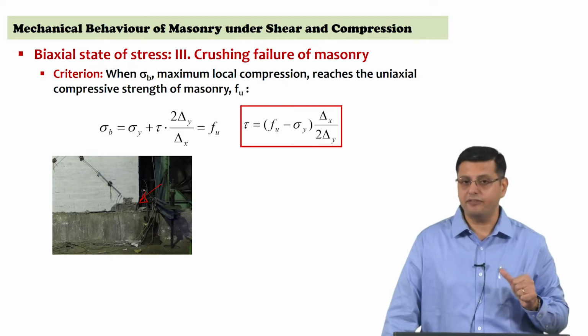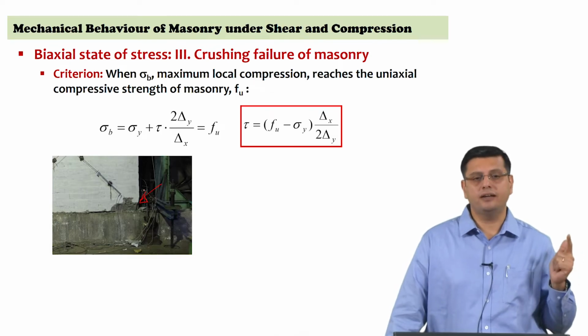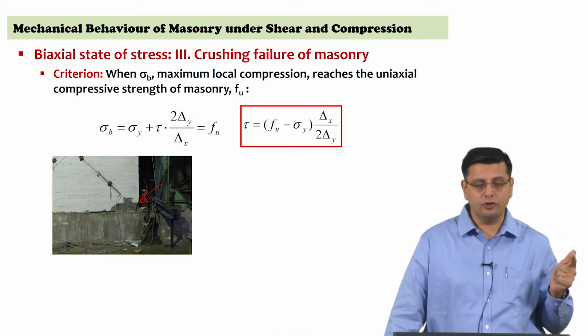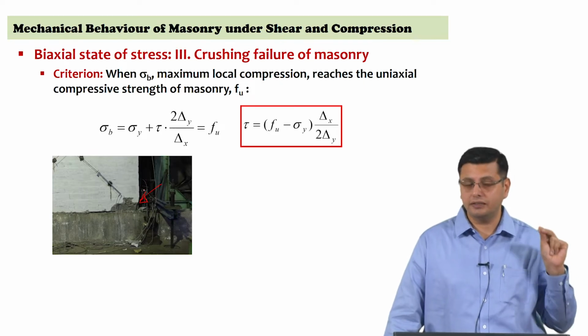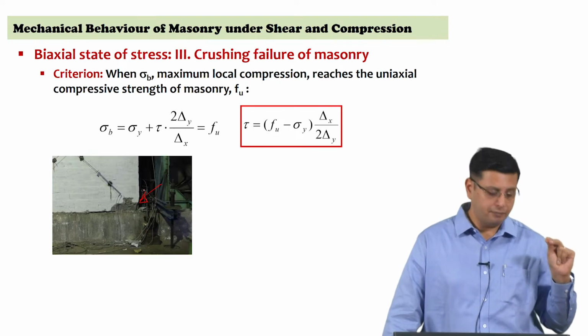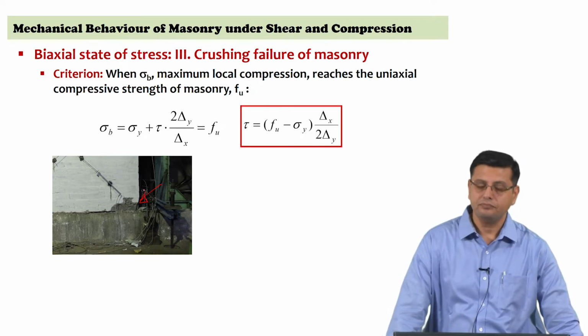Here the failure criterion is Fu. In the previous diagonal tension failure, it is FBT, the tensile strength of the unit, whereas in the first case it is the shear strength of the joint. So there are 3 material mechanical parameters that we bring in to define the failure of the system itself.